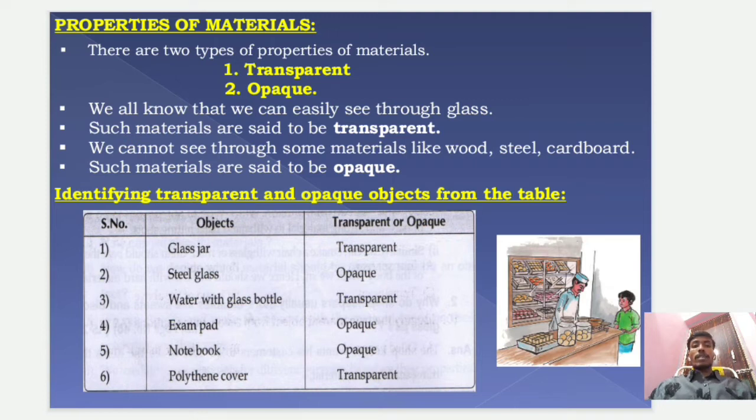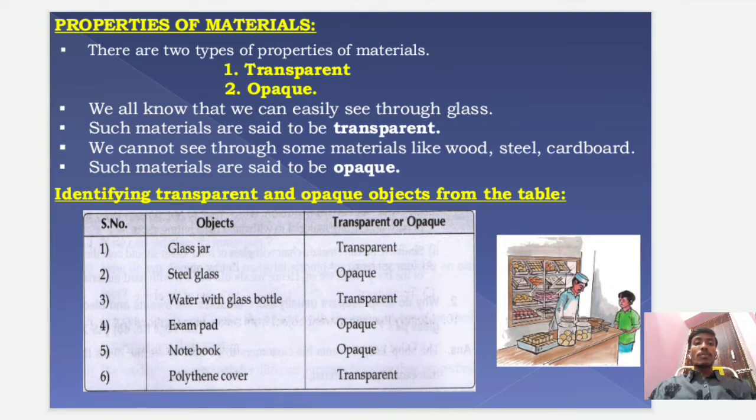Here I am discussing transparent materials. We know that through glass materials we can easily see. Such materials are said to be transparent materials.